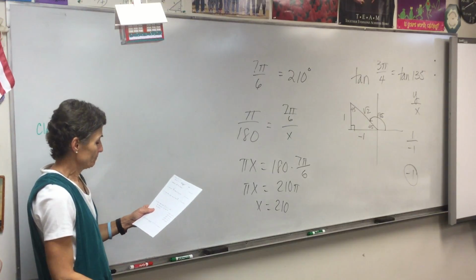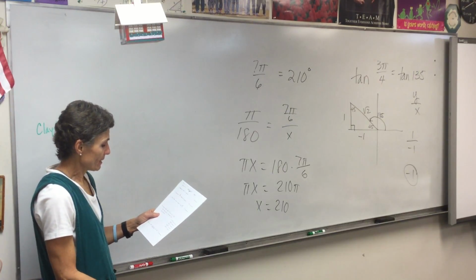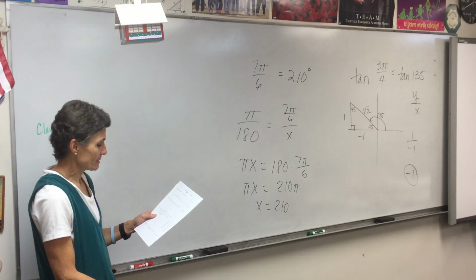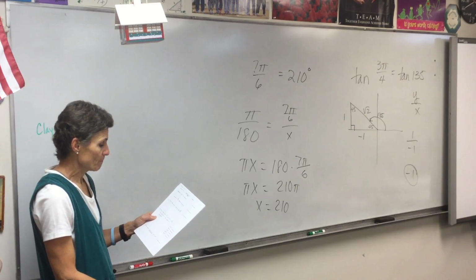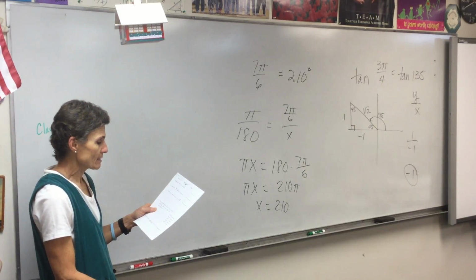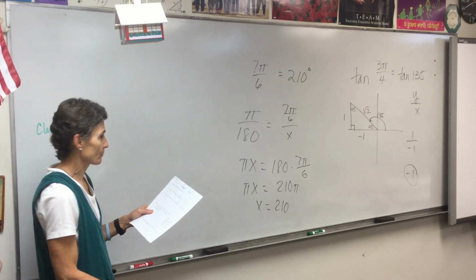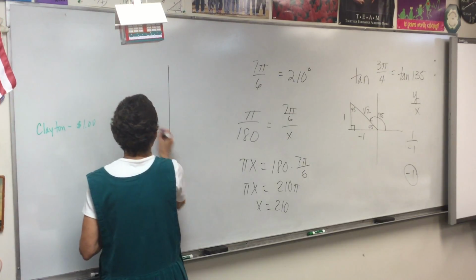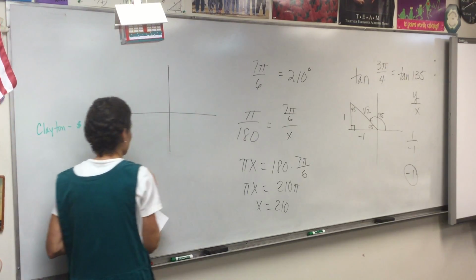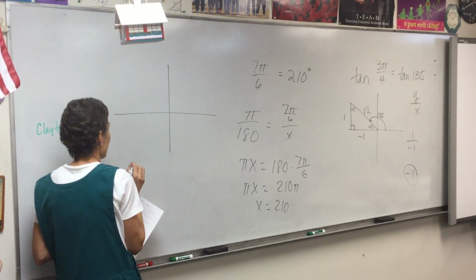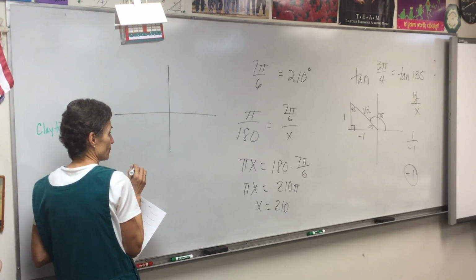Right, number 4. Given that the cosine of b is negative 3/5 and b is in quadrant 2. All right, now let's think about that for a minute. So b is an angle in quadrant 2.